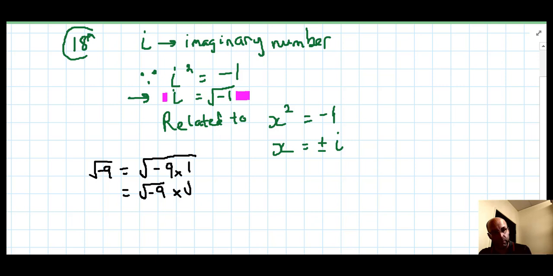Root 9 times the square root of -1, and that would be 3 times i, because i is the square root of -1, so we have 3i. So the square root of -9 can now be found. Yes, it is a breakthrough, and it is 3i.